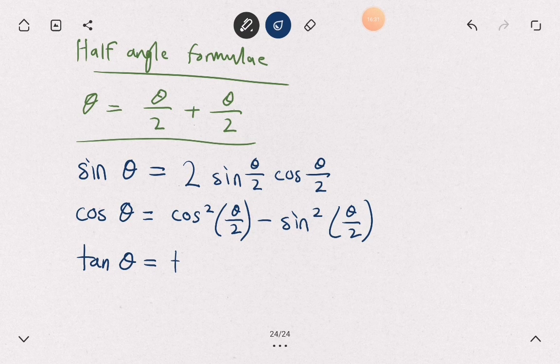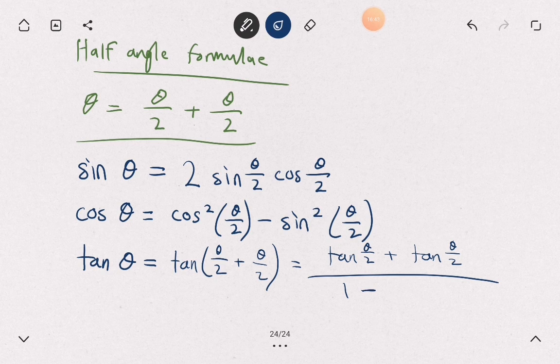We will get, this is tan theta over 2 plus theta over 2, which means, what's the numerator? The numerator is tan theta over 2 plus tan theta over 2. The denominator is 1 minus. Remember, the denominator is the opposite sign.